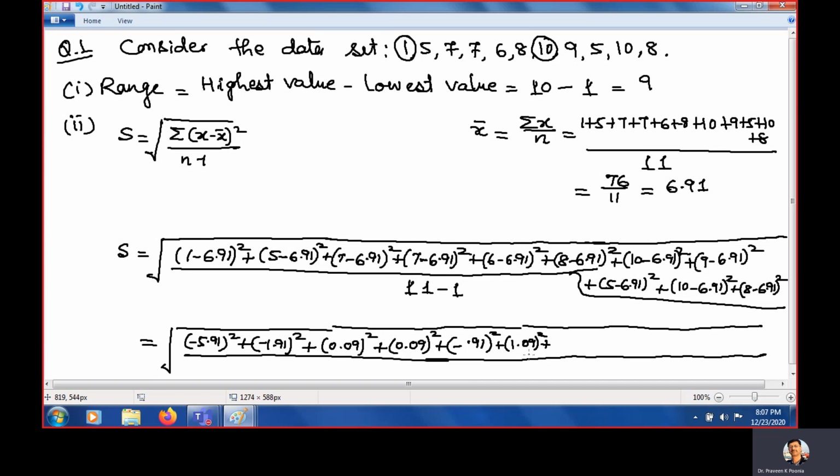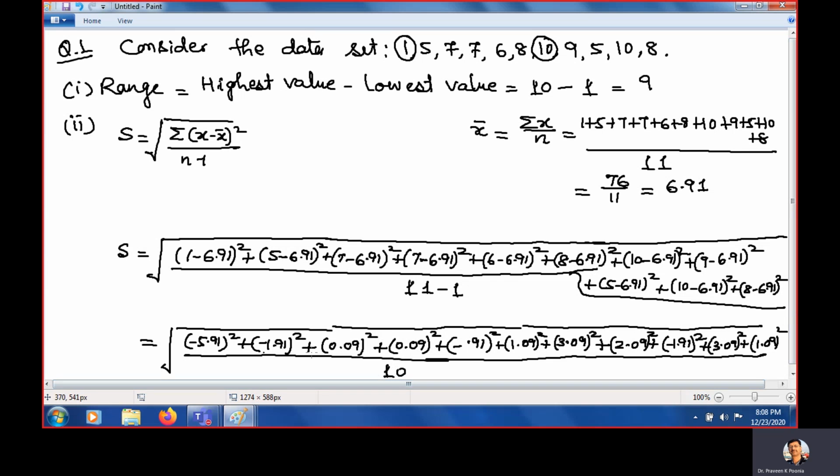it is 1.09 whole square plus it is 10 minus, so 3.09 whole square plus 9 minus, it is 2.09 whole square plus it is minus 1.91 whole square and 10 is 3.09 whole square and plus last one it is 8, so 1.09 whole square upon 11 minus 1 is 10.